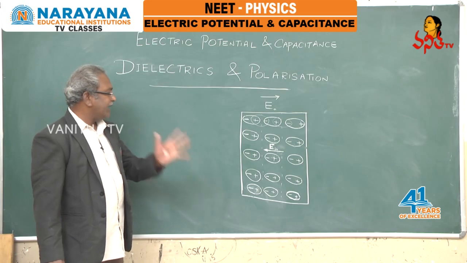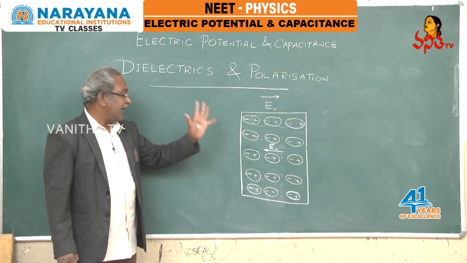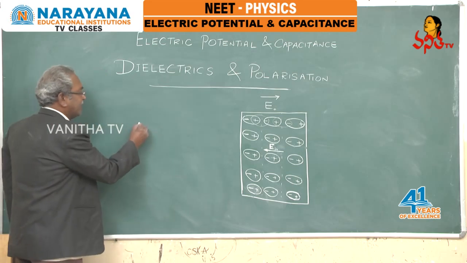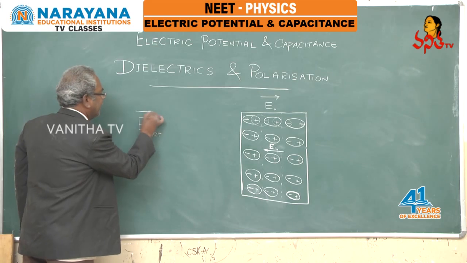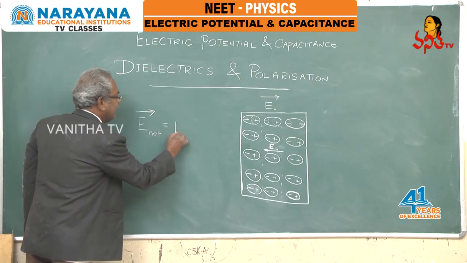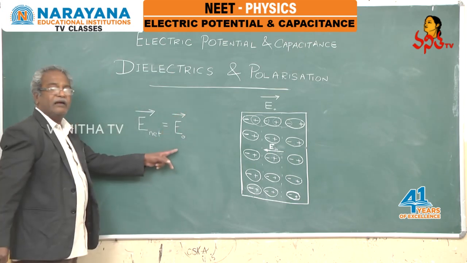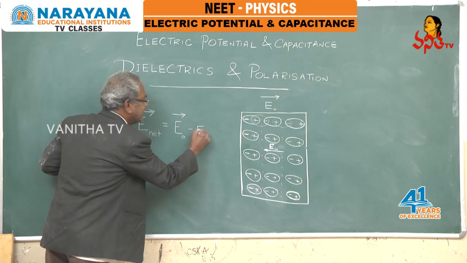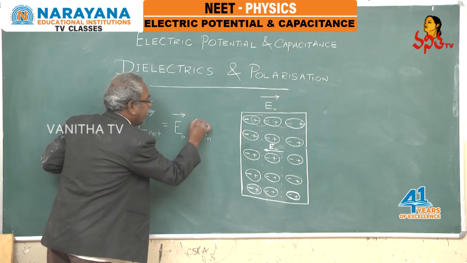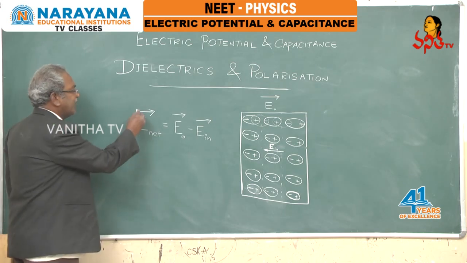Now, the net electric intensity inside a dielectric medium can be calculated as E net bar equals E naught bar plus E induced bar, where E naught bar is the external electric intensity vector and E induced bar is the electric intensity because of the induced charges.